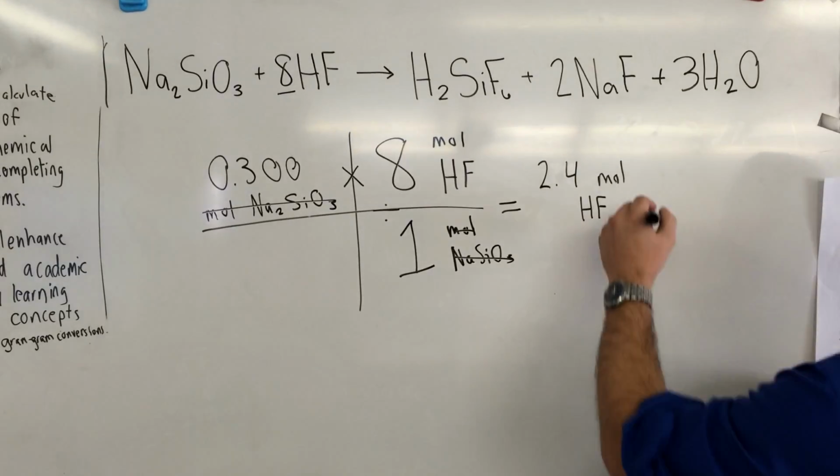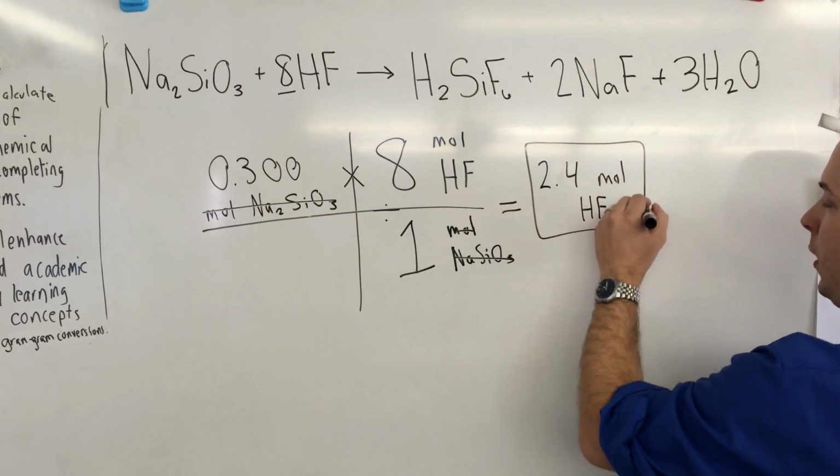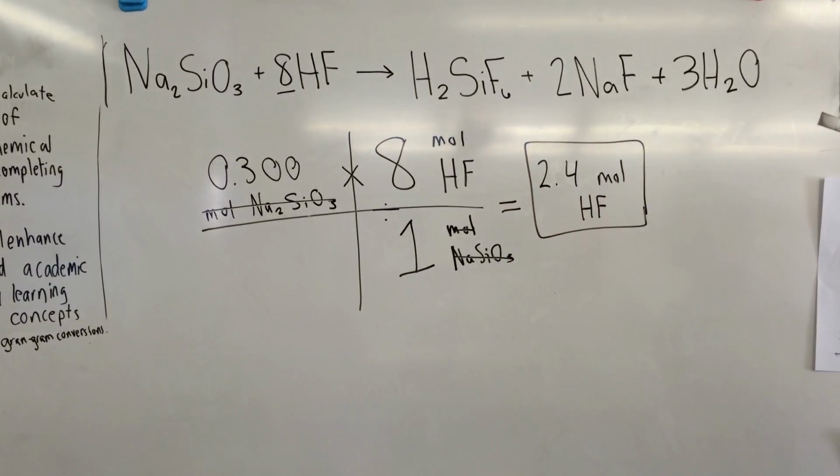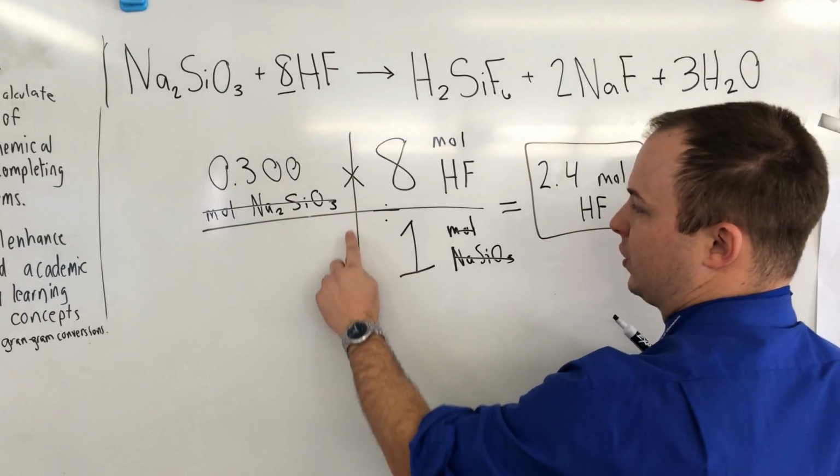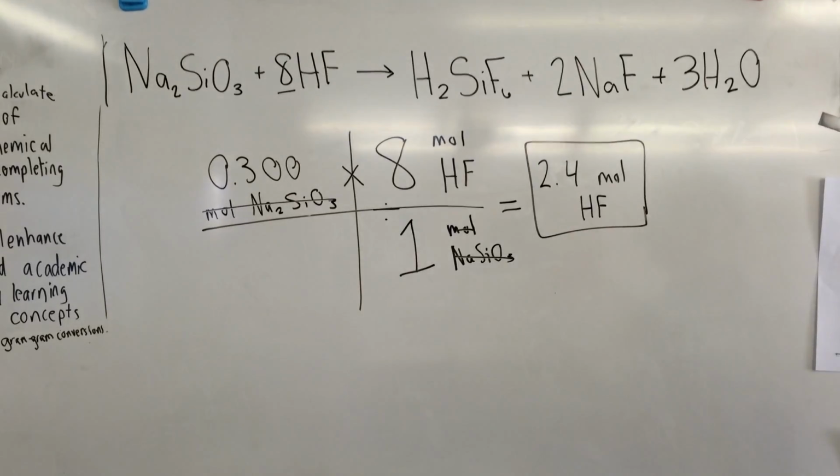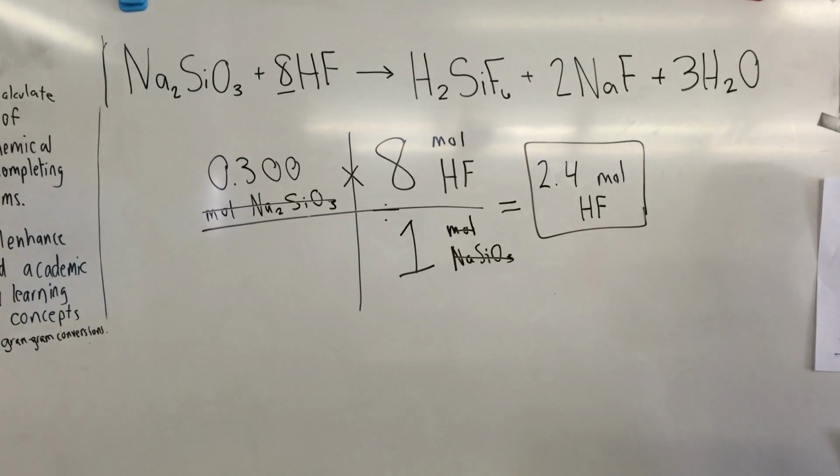So your answer for this type of problem is 2.4 moles of hydrofluoric acid. I do want to point out there is only one stop, so you only have one T-chart here. When we start converting moles to grams or grams to grams, you're going to have multiple T-charts. So this is our easiest, most straightforward conversion that you'll deal with.